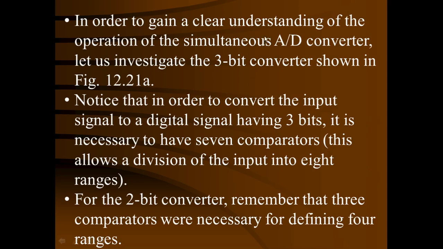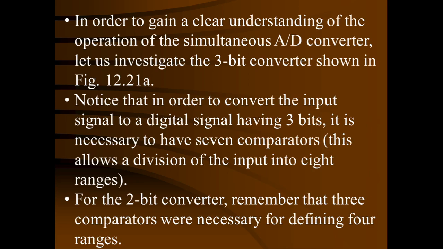In order to gain a clear understanding of the operation of the simultaneous A to D converter, let us investigate the 3-bit converter shown in figure 12.21a. Notice that in order to convert the input signal to the digital signal having 3 bits, it is necessary to have the 7 comparators.